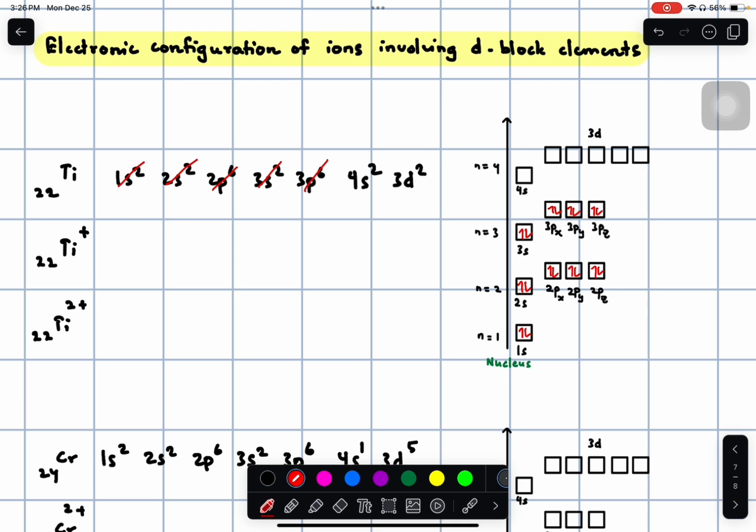4s atomic orbital has lower energy than 3d atomic orbital. That's why we're going to fill in 4s2 first. Then only after that, we're going to fill in the 3d atomic orbital.